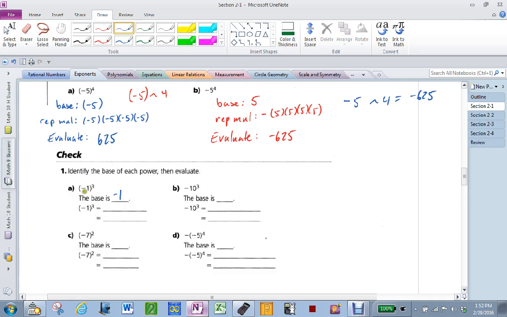Because the brackets are keeping the negative directly to the left of the exponent. Which means this is negative 1 times negative 1 times negative 1, isn't it? Negative times a negative is what? Positive times a negative is what? So this must be negative 1.